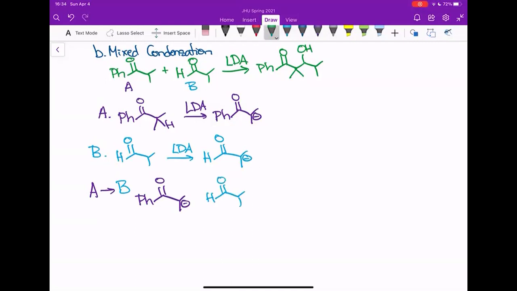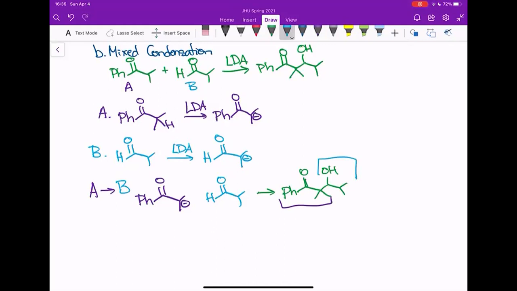And then that will go ahead to form a combined product of your A on this side, and then it attacked your B portion right here. So that's how those two stitch together.